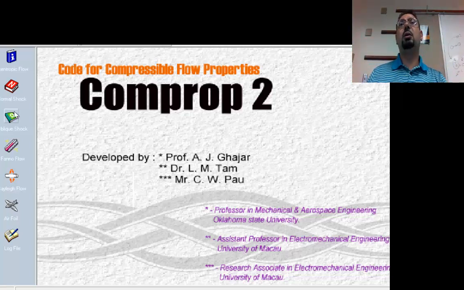It's called Compressible Property, or Comprop 2. It's written by our Professor Gajar with his co-authors. That software is basically all the tables in the book for chapter 3, chapter 4, chapter 6, chapter 7, and chapter 9 and chapter 10.